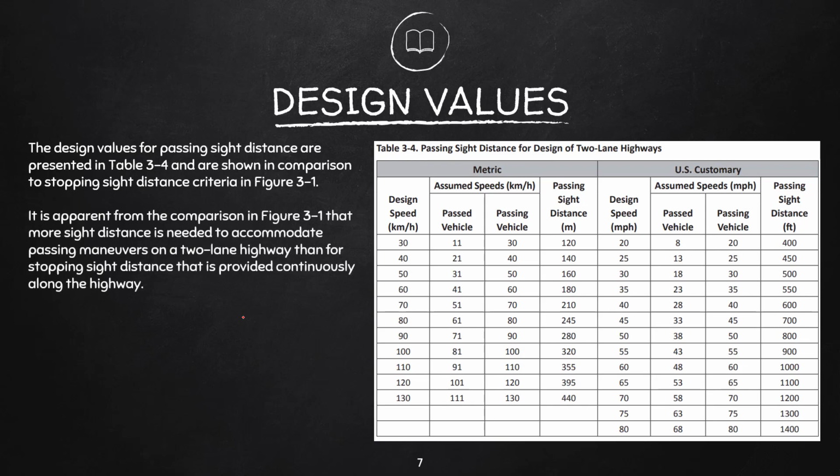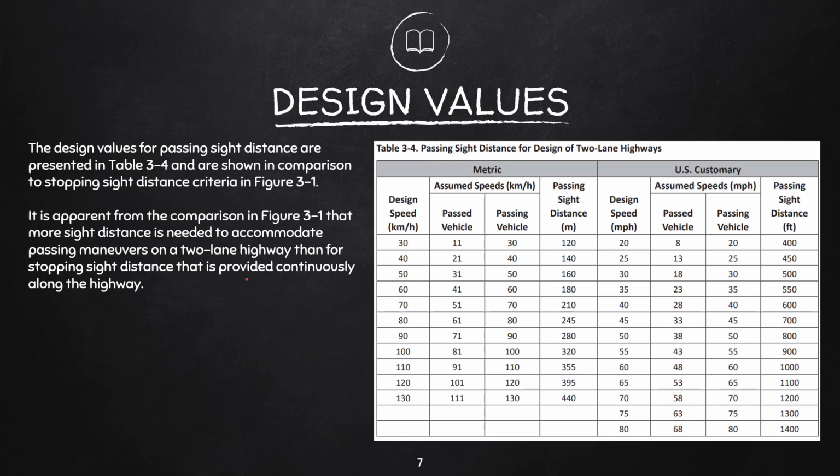Later we will show Figure 3-1, comparison of SSD and PSD, considering the same design speeds. It is apparent from the comparison in Figure 3-1 that more sight distance is needed to accommodate passing maneuvers on a two-lane highway than for stopping sight distance that is provided continuously along the highway.